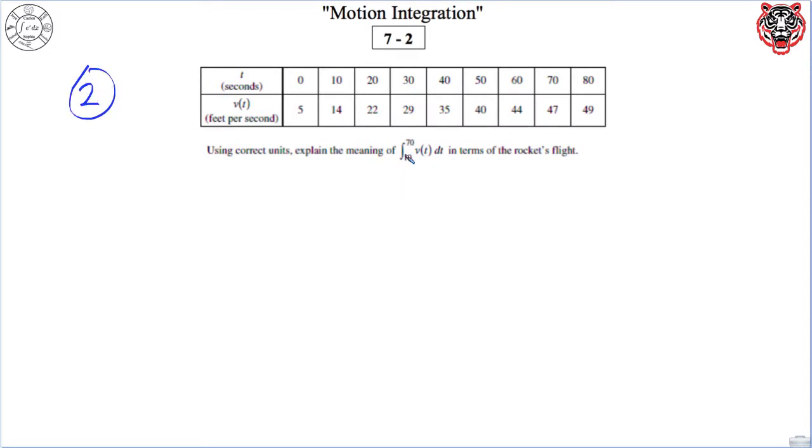Kind of the same thing, so explain this meaning for the rocket's flight. So the integral from 10 to 70 of that velocity function v(t) dt is, again, the total change in position.